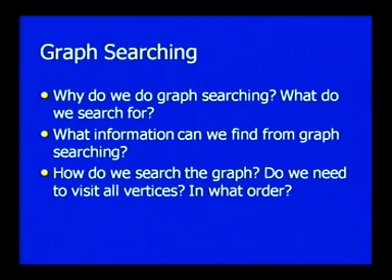Once a graph is available, we are searching for information that is present in the nodal values. All the information is available in the root as well as the vertices of the graph.